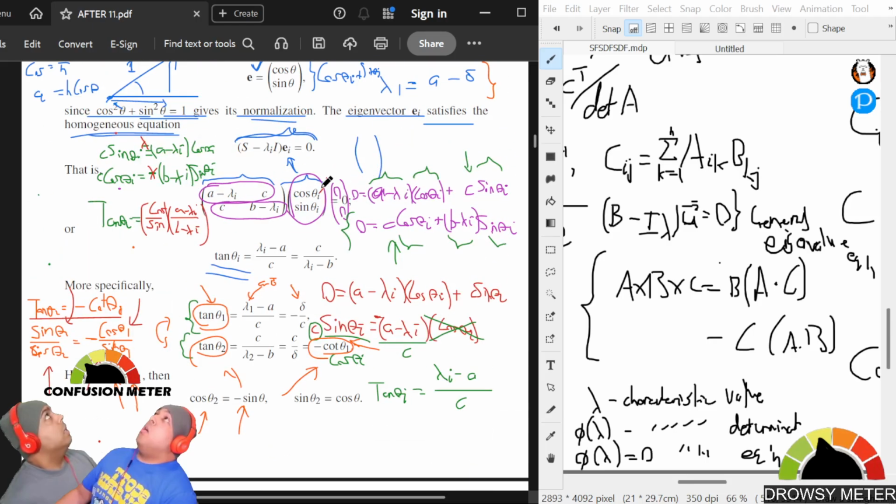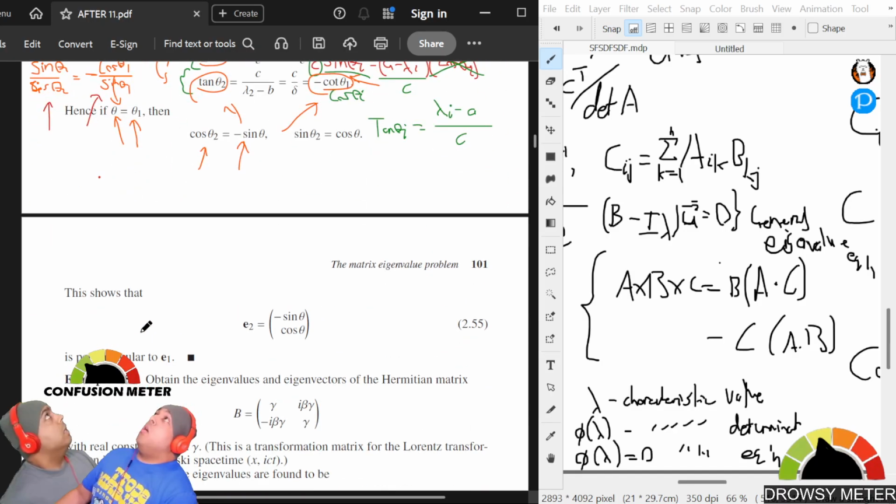Theta I, these two angles are the same. I understand, there's two eigenvalues, eigenvectors. We get a different theta for each eigenvalue. Okay, I understand.